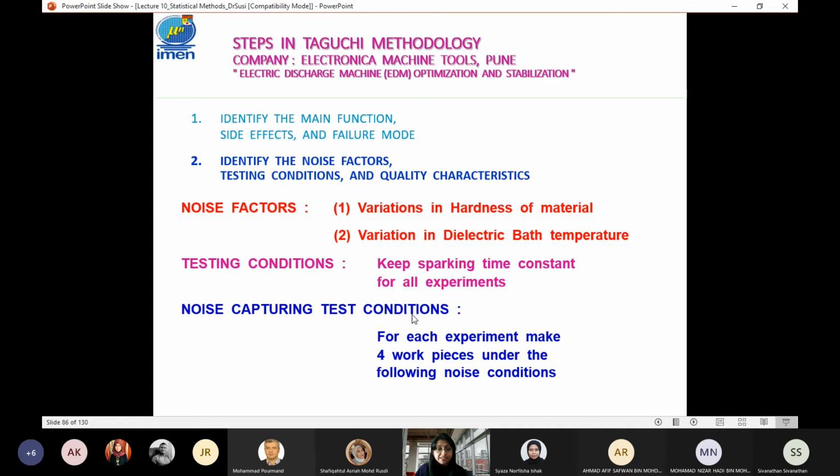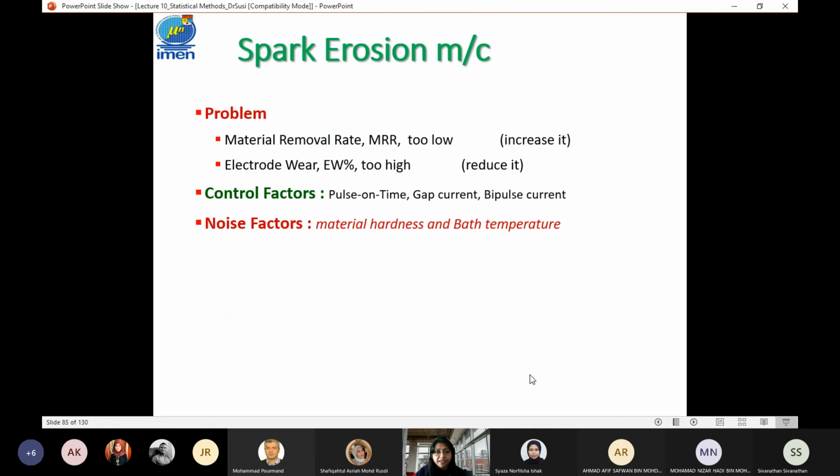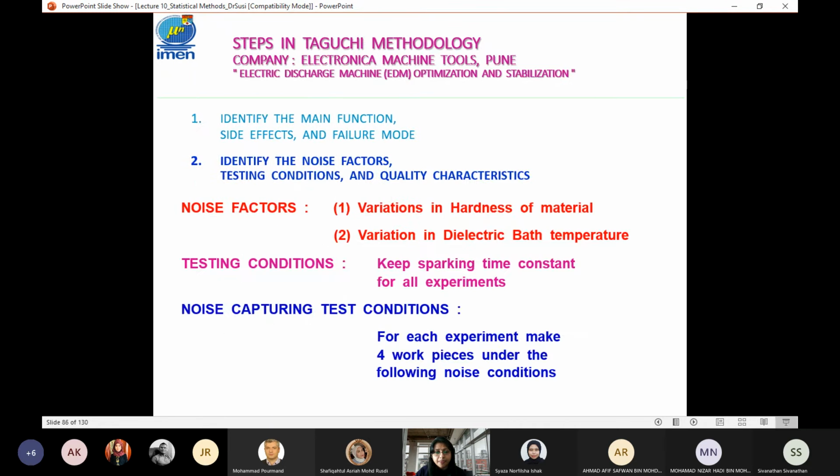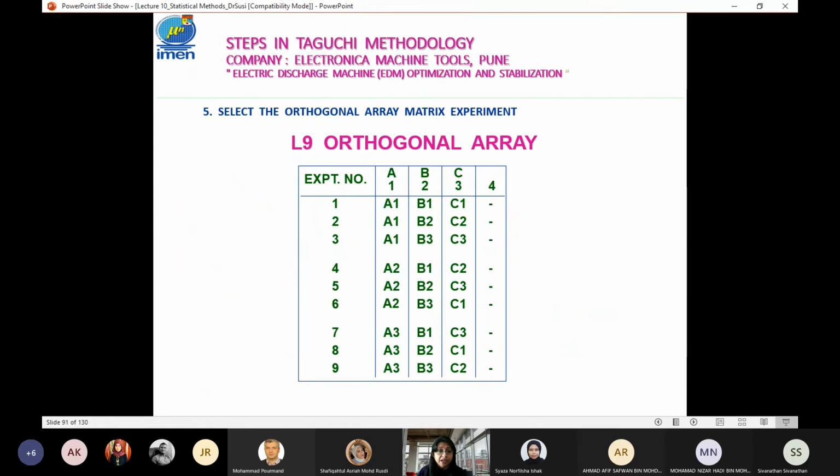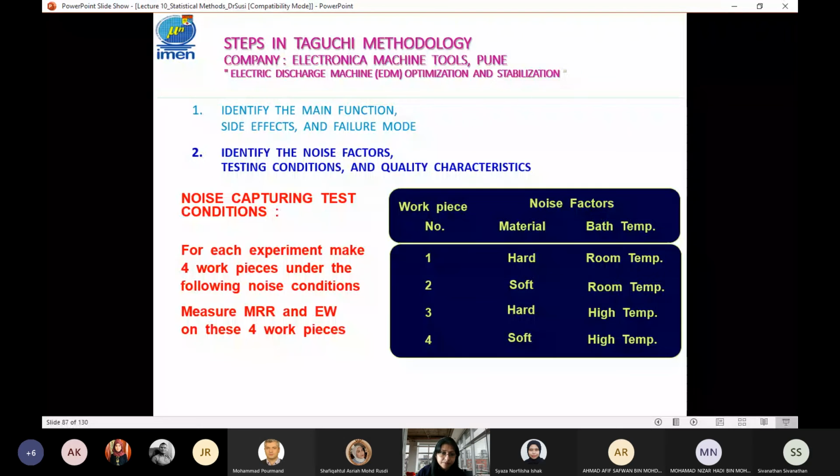For the noise capturing test conditions, for each experiment you make 4 workpieces under the following noise conditions. When you're running L1, L2, L3, you need to run for the noise factors as well.